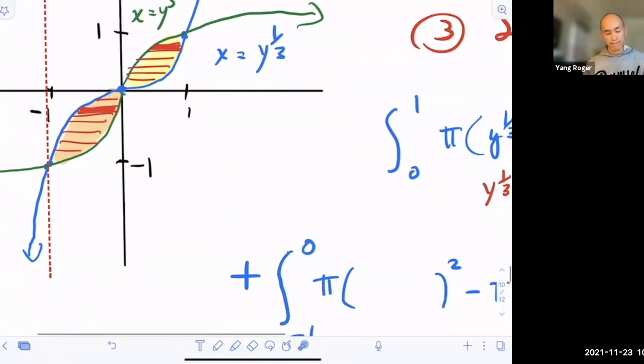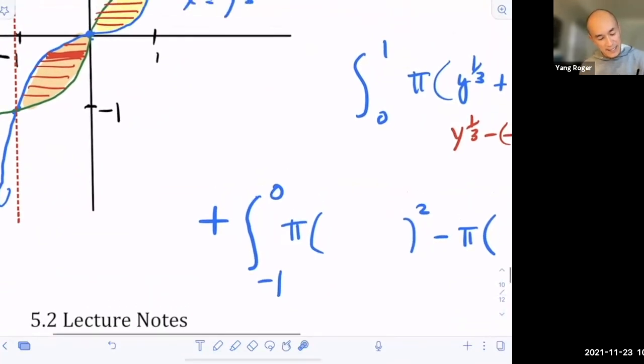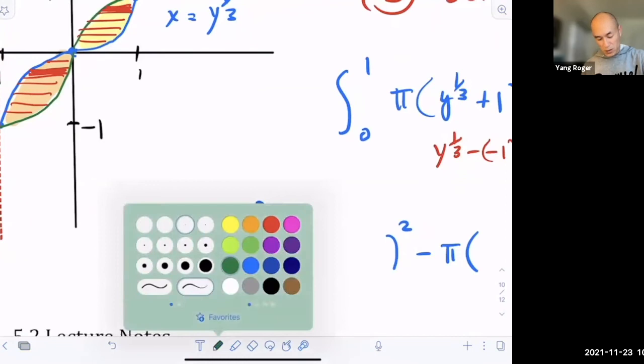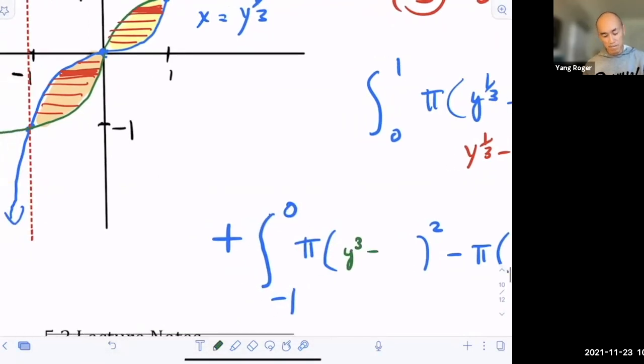So we can think of this as this function, which is the green one, which is y cubed, minus the second function, which is x = -1.